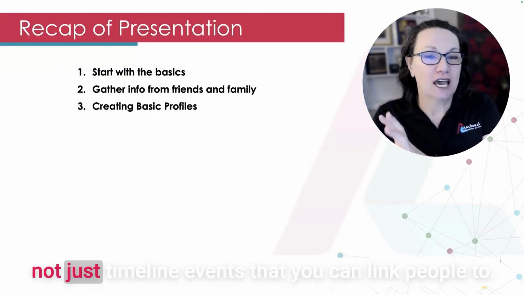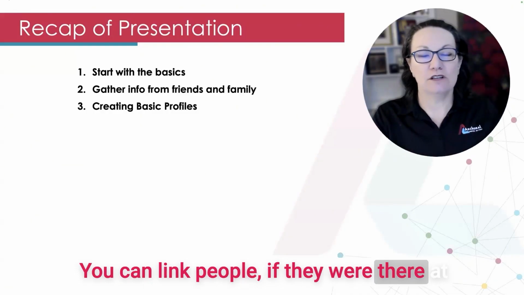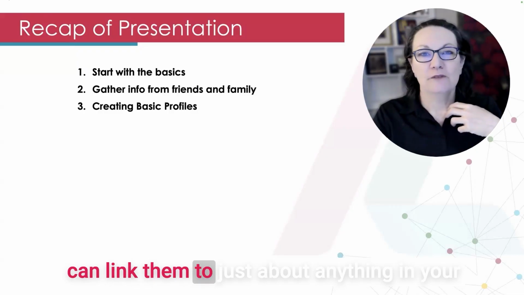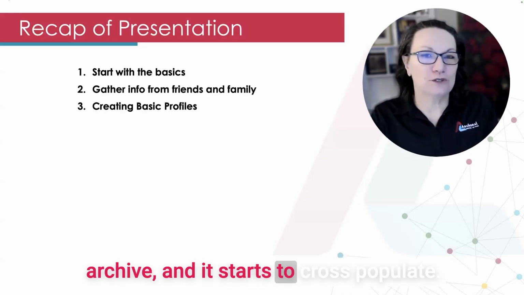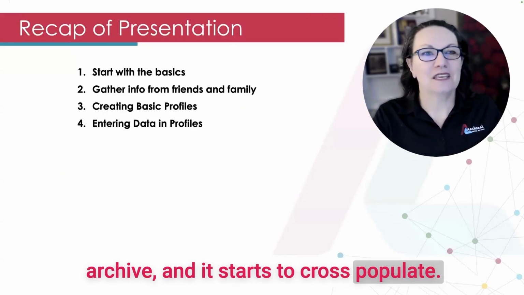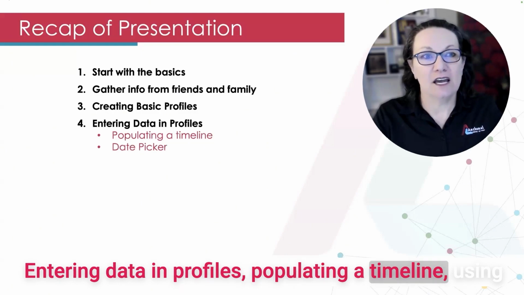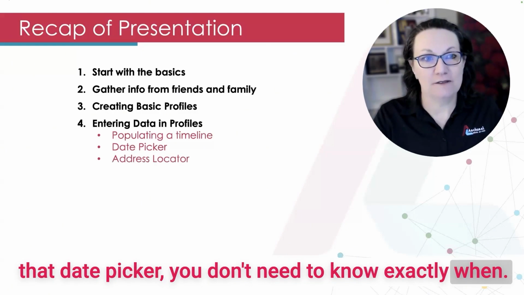And it's not just timeline events that you can link people to. You can link people if they were there at your birth and they were an attendee. You can link them to just about anything in your archive and it starts to cross-populate. Entering data in profiles, populating a timeline, using that date picker, you don't need to know exactly when.